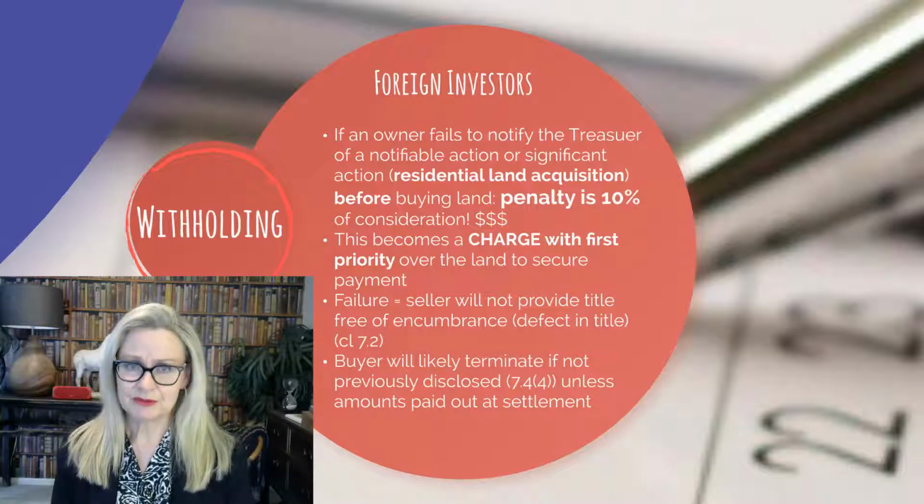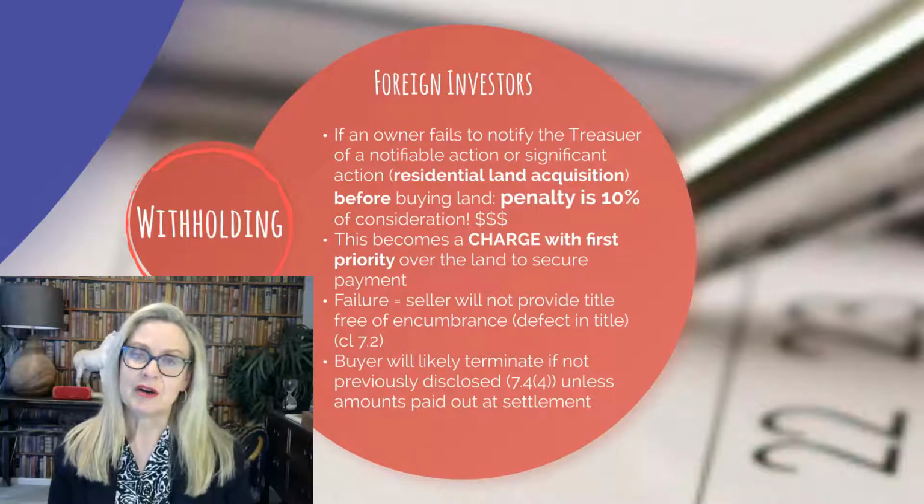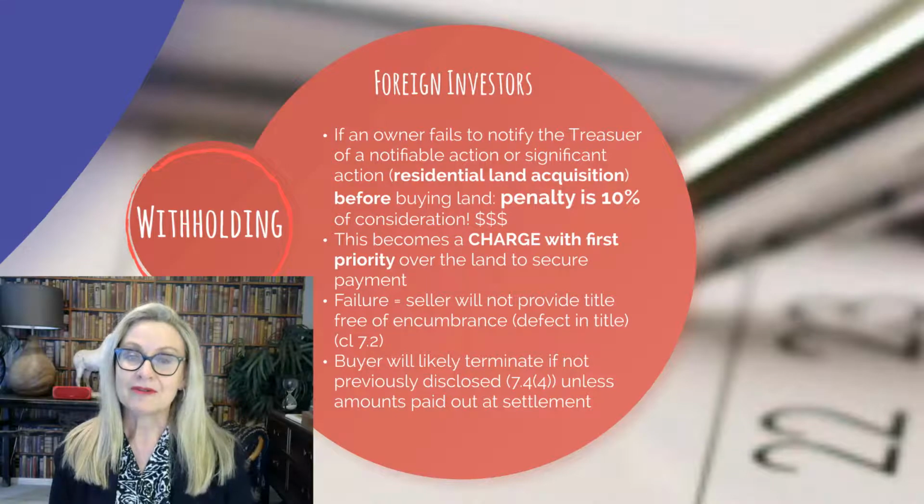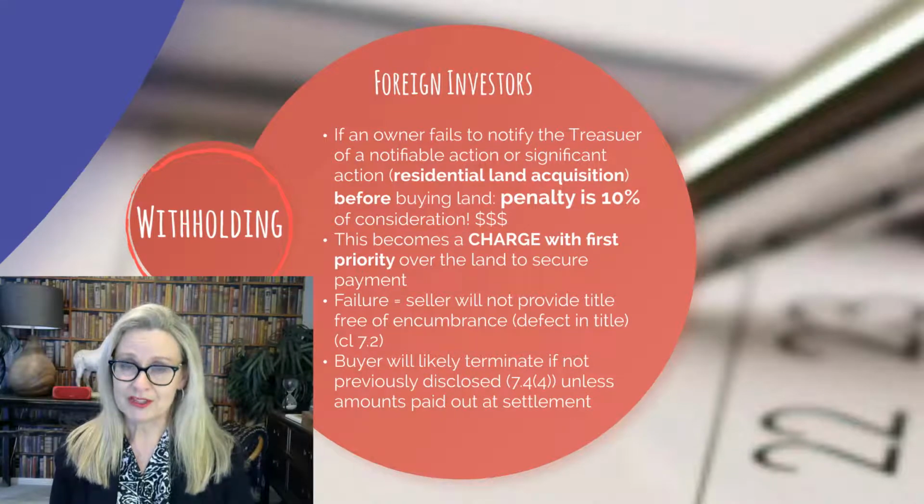So in terms of foreign owners, if they've done something rather naughty and they've failed to notify the Treasurer of a notifiable action or a significant action that relates to the acquisition of Australian residential land, and they've failed to do that before purchasing the land, then have a look at this. The penalty is very, very large, 10% of the amount paid. So where you've got a $1 million property, that's going to be a cool $100,000 penalty.